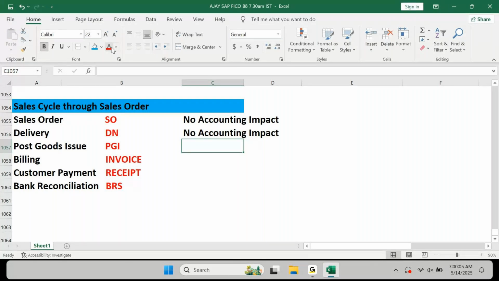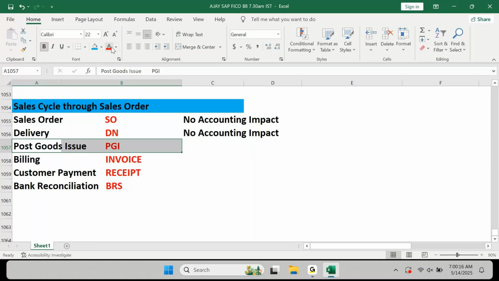Okay. Now, when you do the PGI or post goods issue, what accounting entry will come? Here, what is exactly happening? The name itself is telling you are posting goods issue. Goods are maintained where? Goods is nothing but material. Material is maintained by FI consultant, SD consultant, or MM consultant?